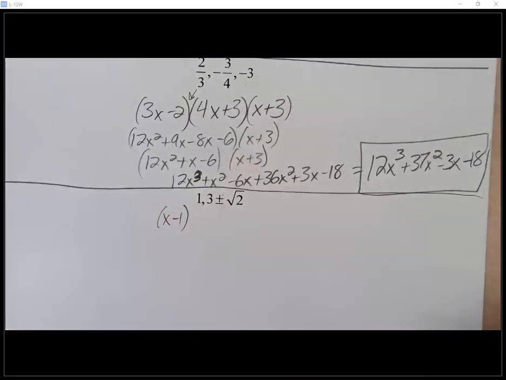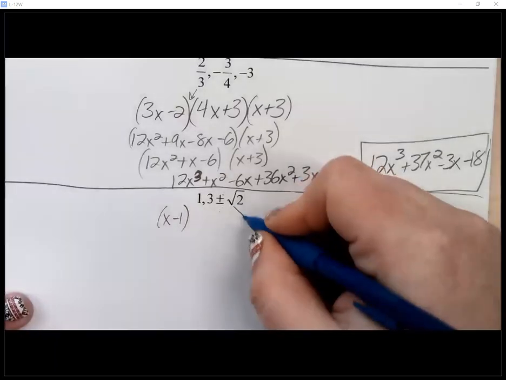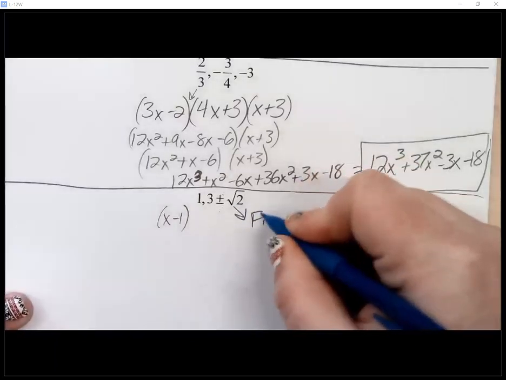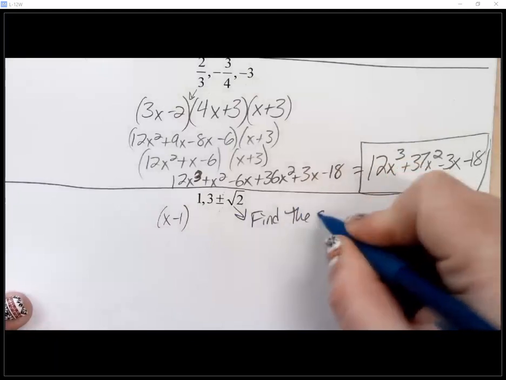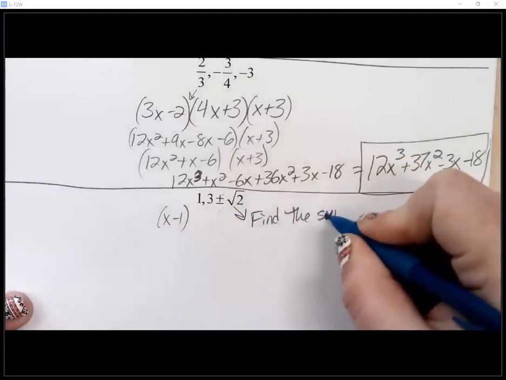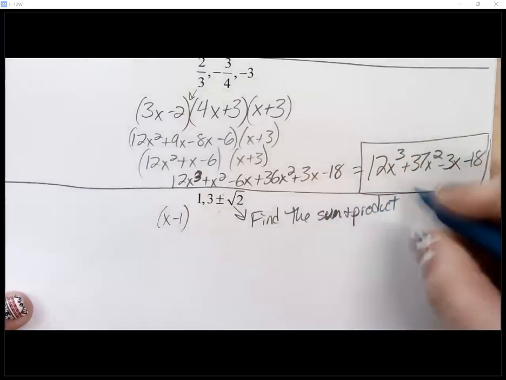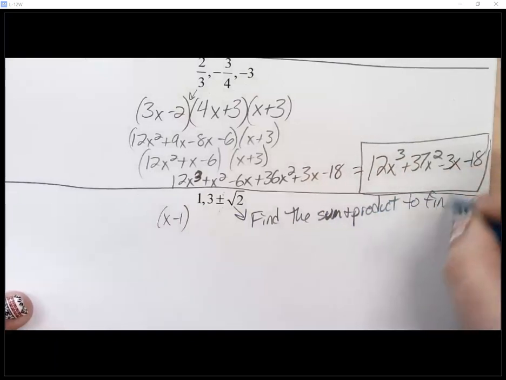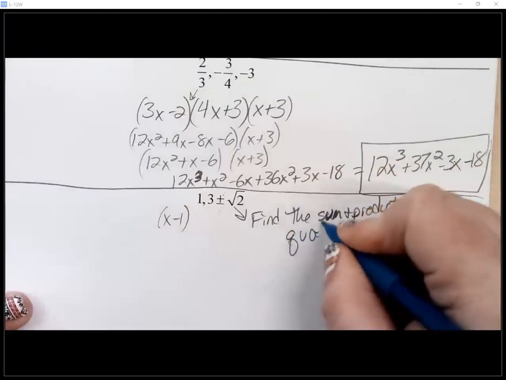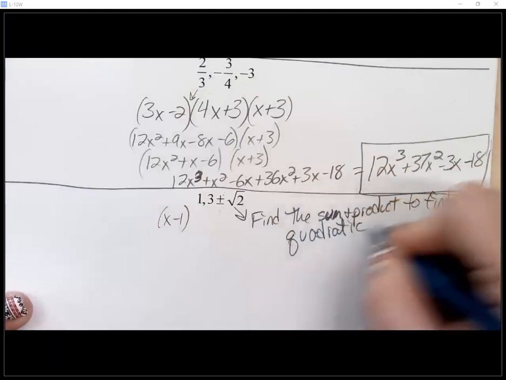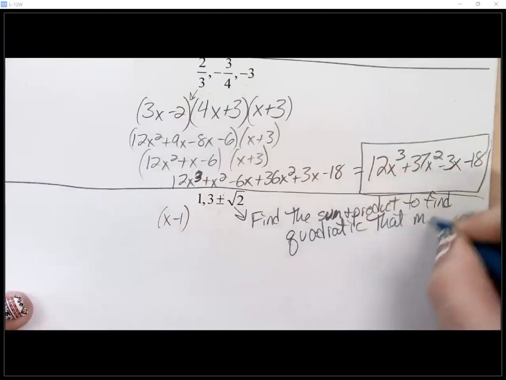Okay, so for this one, I'm going to find the sum and product to find the quadratic that made those zeros.